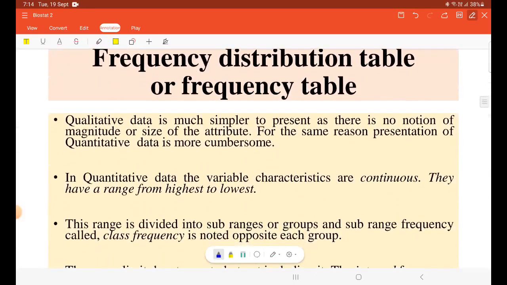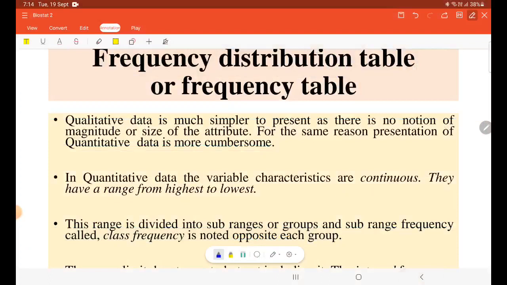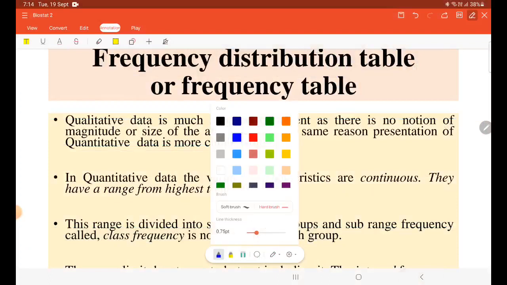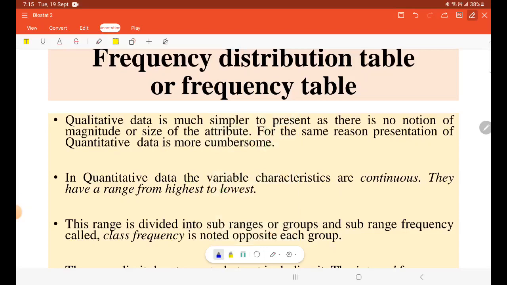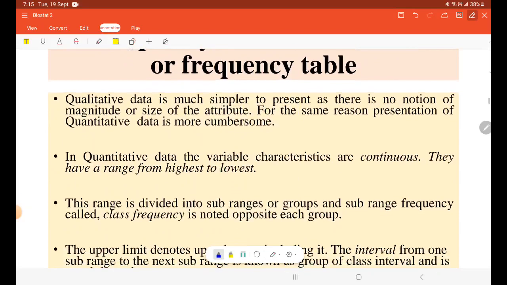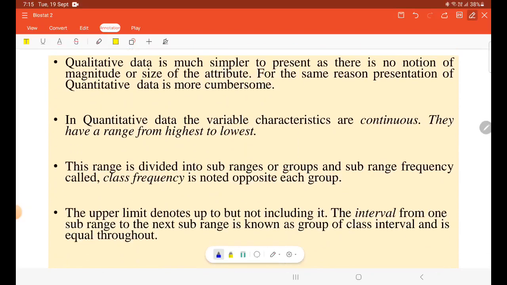Now, broadly understanding what is a frequency distribution table. What is a frequency distribution table? So let us understand in detail. We can also call it a frequency table.